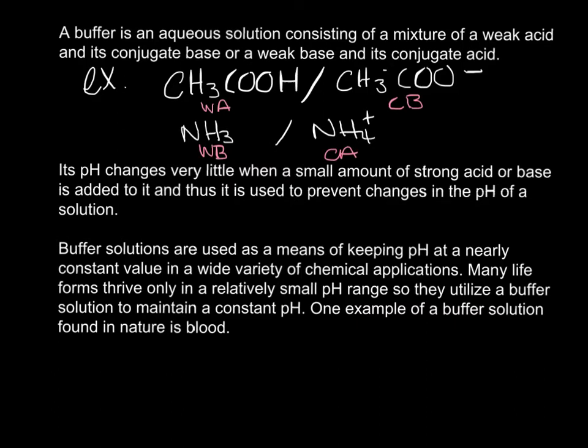They're very useful because they keep a constant pH value, and a lot of biological systems need to maintain a constant pH. A common buffer system that you see is actually our blood, and it's useful because the pH of our blood doesn't change if you were to eat something very acidic. So like if you had a lot of salad dressing, that wouldn't change the pH of your blood, which is what we want.